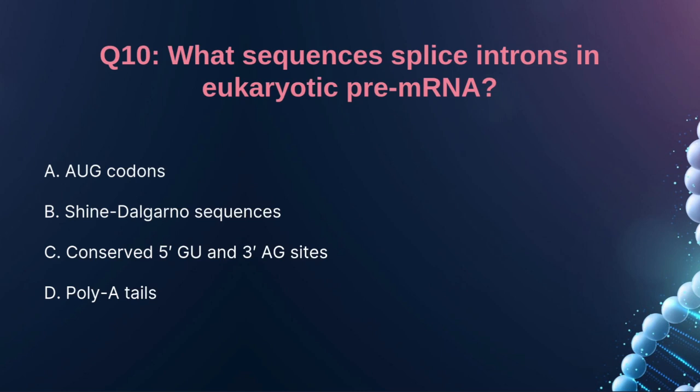The Shine-Dalgarno sequence, by the way, is the one that we find mainly in prokaryotes. So this is not relevant in splicing of introns. So it's conserved: from the 5', the guanine, uracil, and then at the 3' end, we've got adenine, guanine.